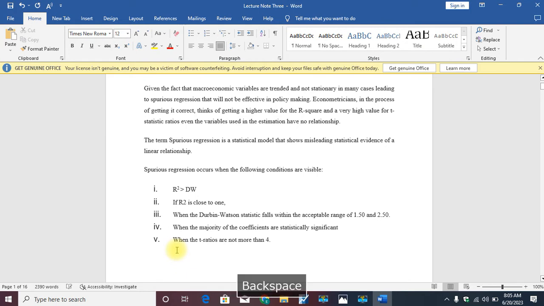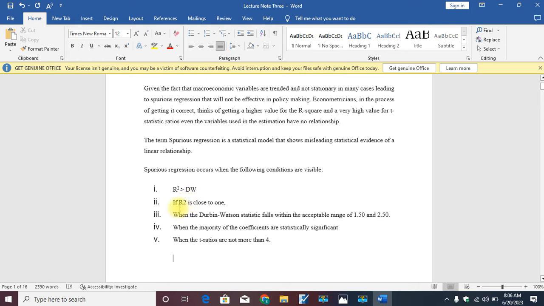Aside from the use of graphs that look similar, the major way to actually identify the presence of spurious regression in a result that looks even very fascinating is to look at the R-squared. Whenever the R-squared of your estimation, especially when you are dealing with a single equation model, is higher than your DW statistic, then there is evidence of spurious regression in your result, because you must check out the value of the R-squared. Whenever the value of this R-squared is greater than the value of the DW statistic, then there is a suspicion of spurious regression in the result.